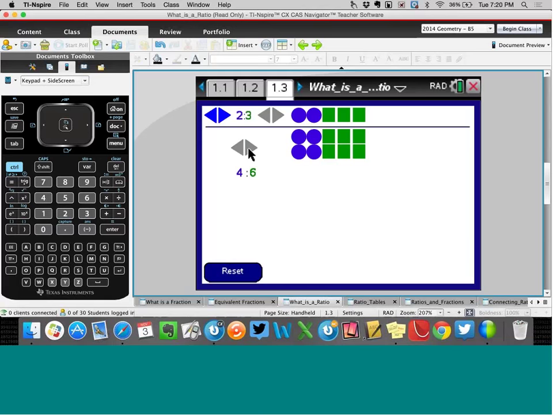Share some of your initial observations in the chat as Jennifer moves us through adding some additional rows here. What are you noticing? What stays the same? What changes?